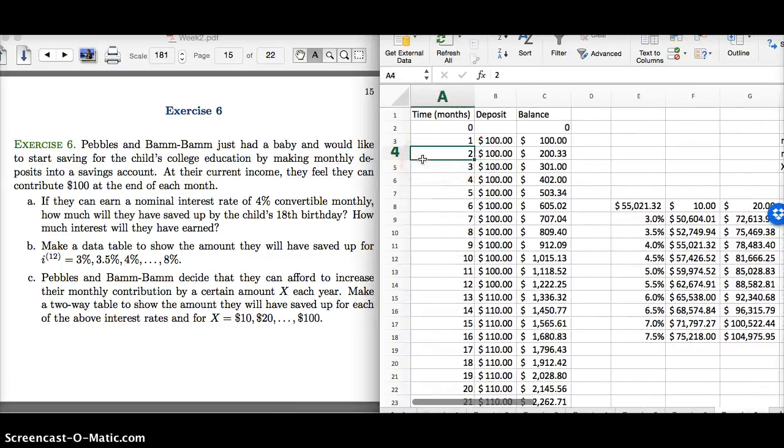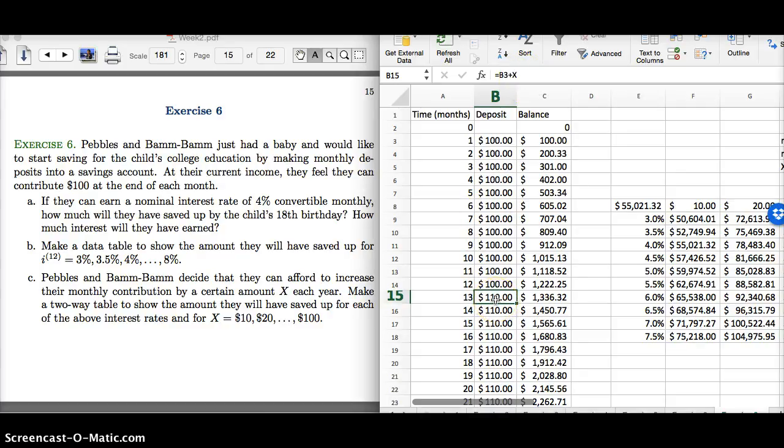I still have my timeline in months, so it goes down to 216. My deposits are $100 for the first 12 months, and then it's the deposit 12 months ago plus X, so that makes it 110.